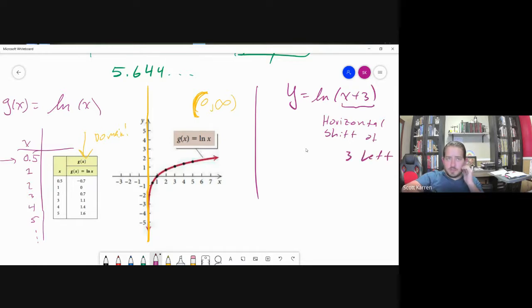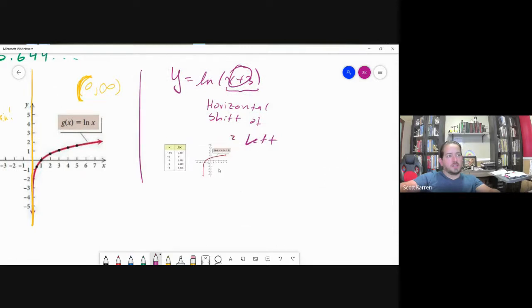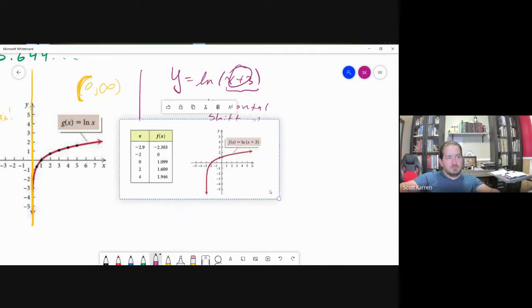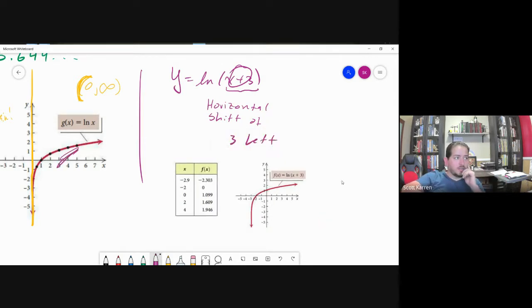Your horizontal shifts typically go against that sign. And so if I actually plug in values, find my x and y coordinate points, I end up with this graph, and you can see that it is just this graph over here that we just did, but shifted to the left 3 places. Instead of coming up like this, it's now just shifted to the left, and that's the exact same graph translated left 3 spots.